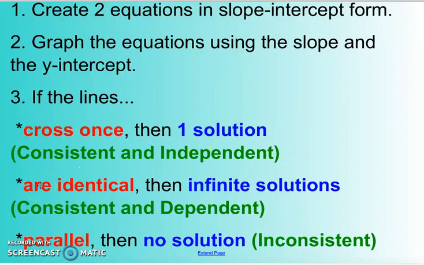If the lines were identical, meaning they were right on top of each other because they had the same slope and the same y-intercept, that's an infinite number of solutions, and that's a consistent and dependent system of equations. And lastly, if our lines were parallel, they would have no solution, and we call them just inconsistent because they will never ever share a point.